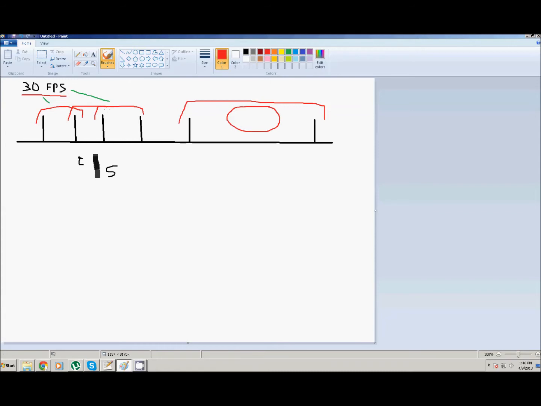Let's say this one right here is like 37 frames per second. And then this one over here, obviously, it drops to like 20 FPS right here. Now this all happens in the course of a second.